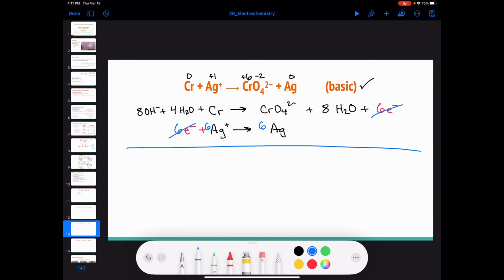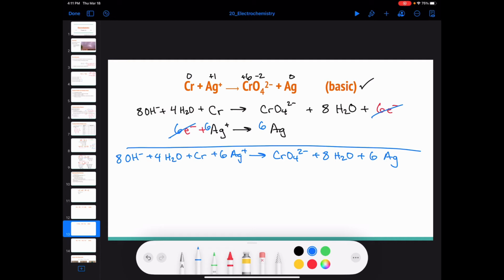Okay, now I can go ahead and just drop everything down. So I've got 8 hydroxides, 4 waters, a chromium, and 6 silver ions. And now I've got a CrO4 2-, 8 water molecules over here, 6 silver over here, and that's it, right?